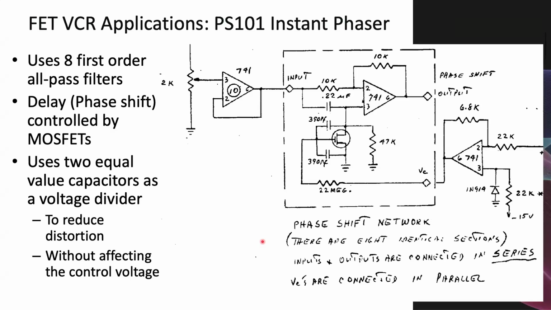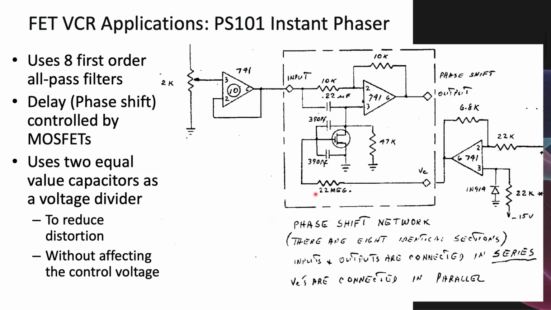This is an all pass filter here, and you can see it's using the FET as a voltage controllable high pass filter. Again, we're actually using half the drain voltage to reduce the distortion due to that. And you'll notice it's actually using a metal oxide semiconductor field effect transistor, a MOSFET.